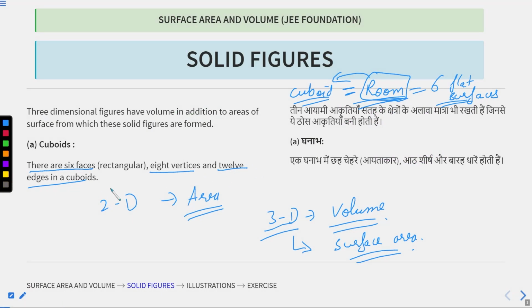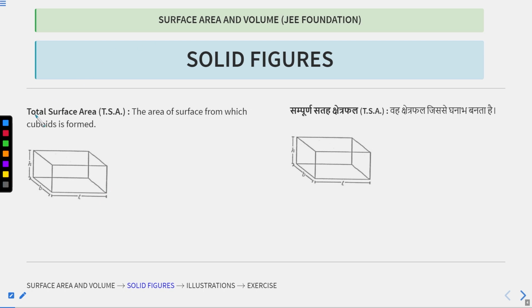Now, the other point to remember is the total surface area covered by a cuboid. The short form we will use is TSA. So the total surface area is the area from which the cuboid is formed.